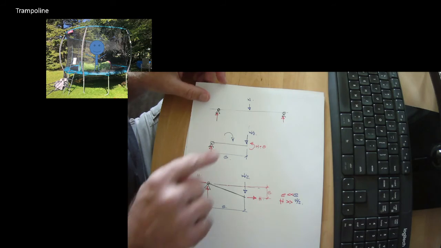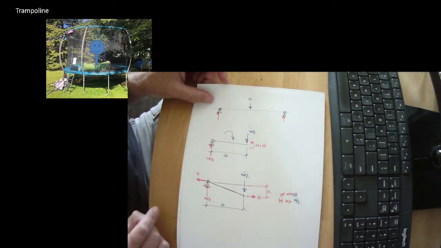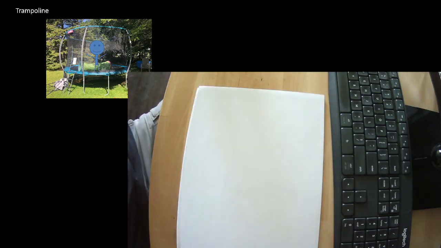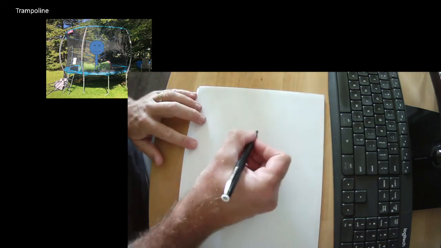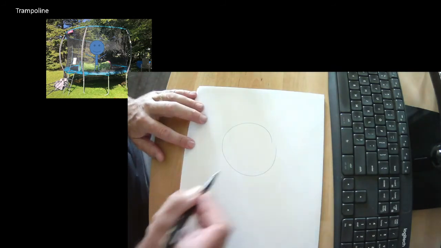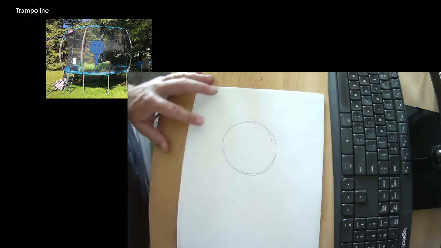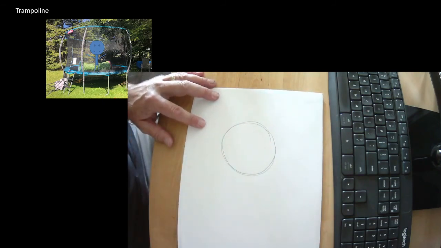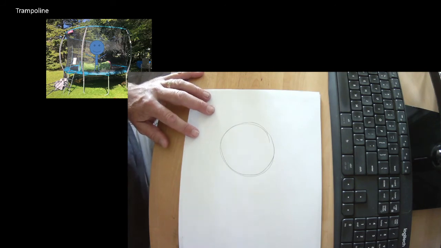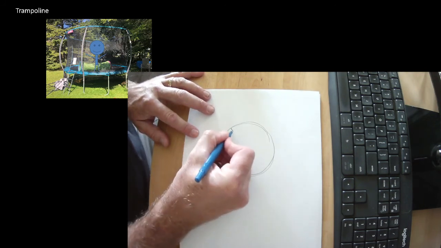Now, we've only drawn a section through it as though it's a two-dimensional problem. Of course, a trampoline is a three-dimensional problem. There's your frame. Well, what we know is that we have all of these forces pulling in.